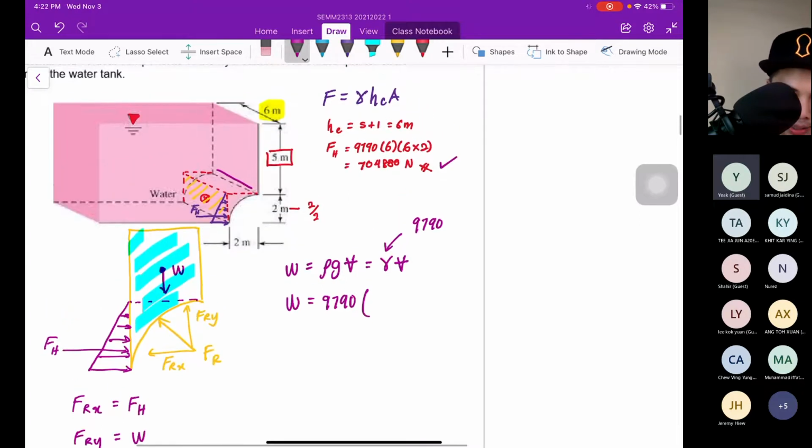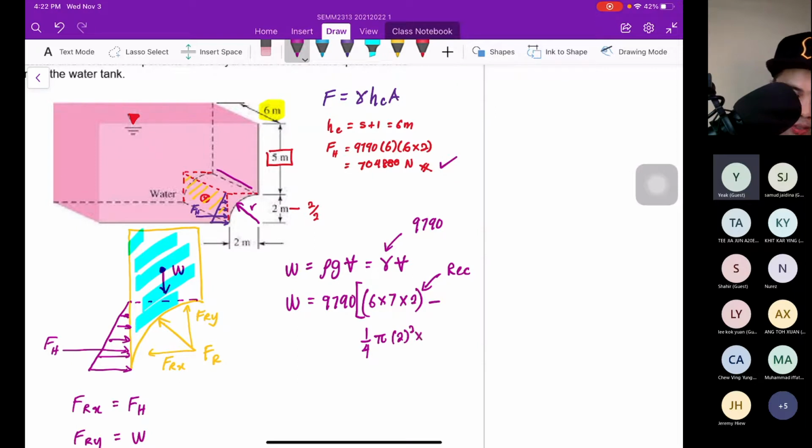So the cubic one is 6 meter multiplied by 7 meter multiplied by 2 meter. This is for the rectangular. Minus the quarter of the circle: 1/4 pi R squared, where R is the radius. From here to here is R, which is 2 meter.